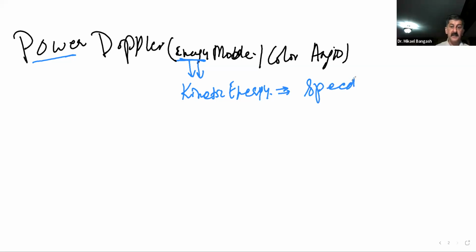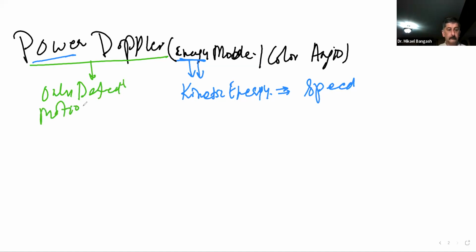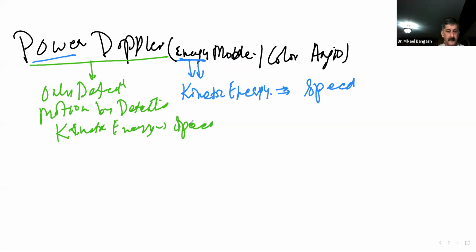The reason that I say speed here and not velocity is because your power Doppler, as we call it, is only going to detect motion, mainly by detecting kinetic energy, which will be speed.